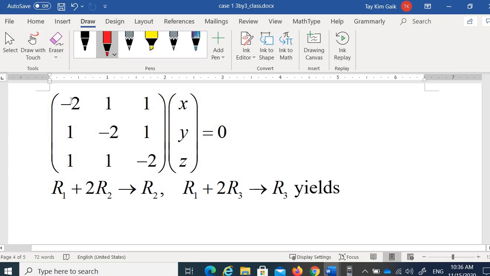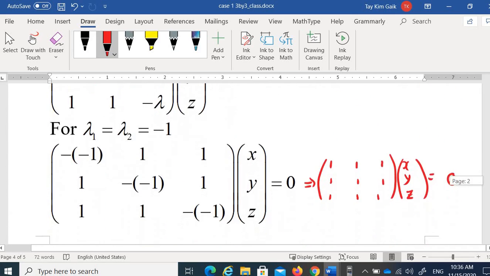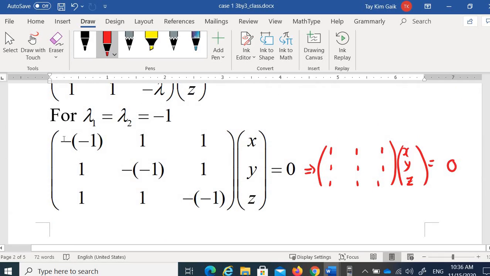Now it is not easy to see whether these 3 rows can be reduced to only 1 row. That's why we need to use suitable row operations, trying to eliminate it to an upper triangular matrix. Not like just now, when after you plug in lambda 1 equal to lambda 2 equal to -1, you can see that 3 rows are the same row, x plus y plus z equal to 0.